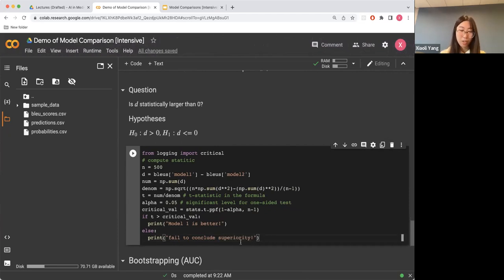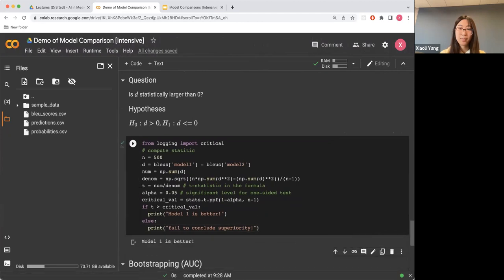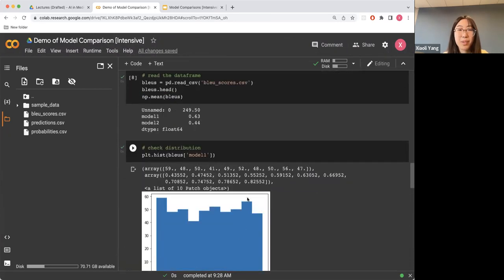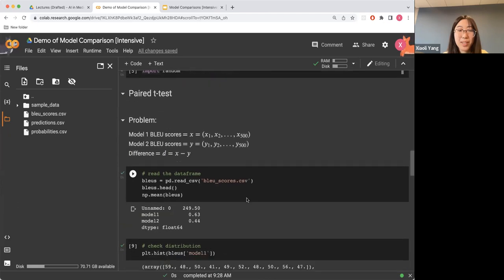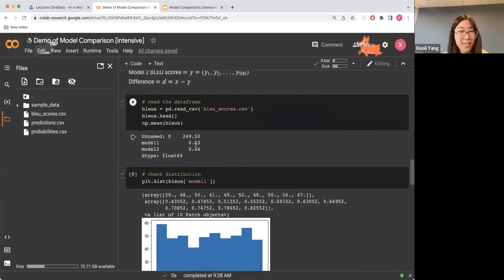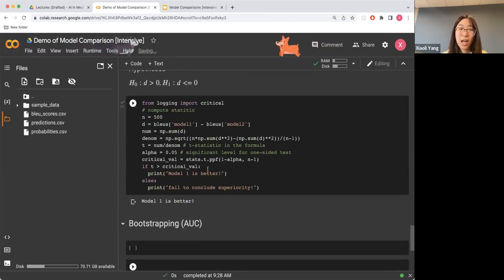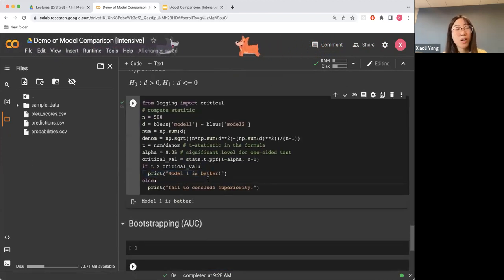So here is our code. Let's try to run it. Okay, so actually we have a result: model 1 is better. This is kind of expected because the means between them, 0.63 and 0.44, are quite a large gap. So this is how we deal with non-normal data using a paired t-test in this example.